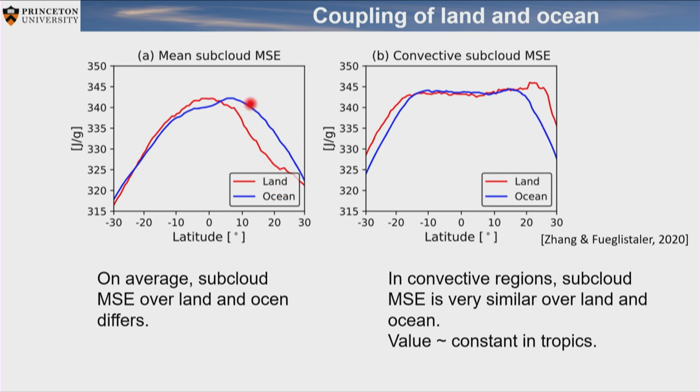You get this picture here, and you see, they both have a maximum, but they're not following each other very closely. In particular, in the northern hemisphere, you have quite a substantial departure from the 2. If you restrict that to asking what the subcloud MSE is in those regions where we have strong rainfall, the convective domain, the picture looks very, very different.